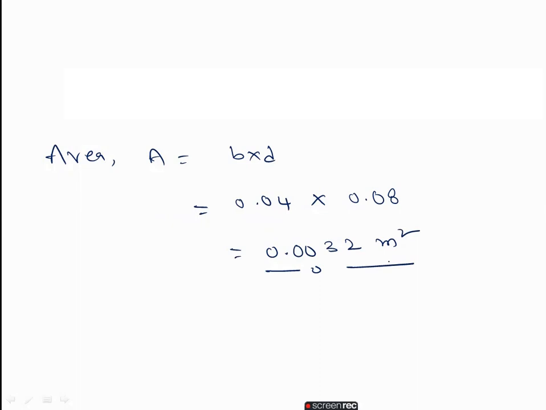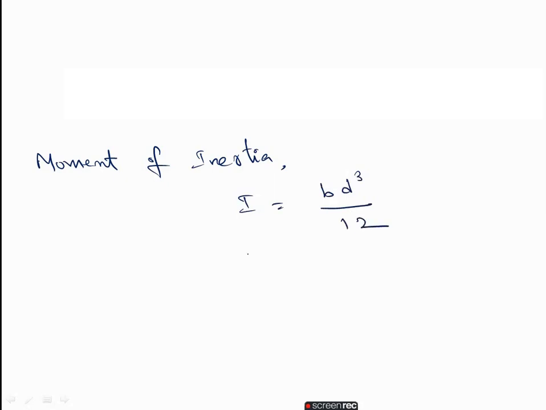Same like that, we have to calculate the moment of inertia. Moment of inertia I equal to BD cube by 12. Here B is 0.04 and D is 0.08 cube by 12.